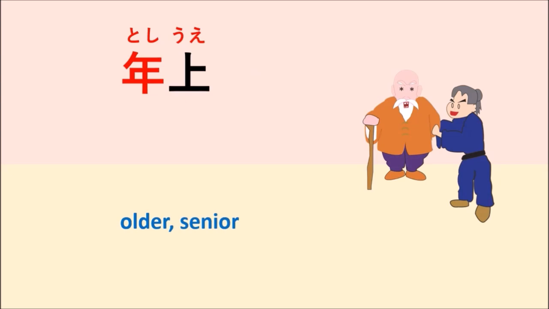Toshi means the year, and ue means top, right? Top or up. So it means the people who have an age older than you or the person speaking the word toshiue.